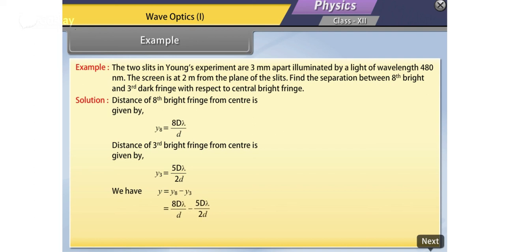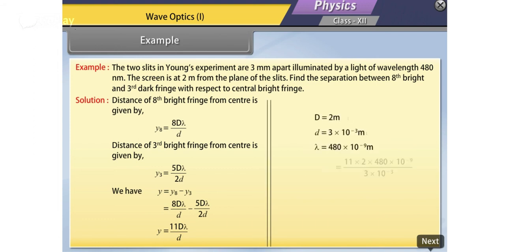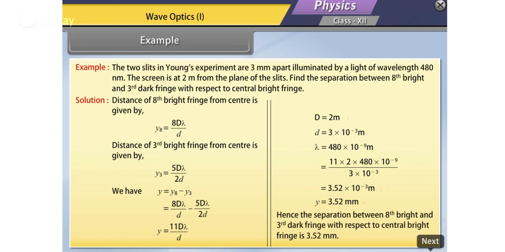By putting the values and calculating, we get y is equal to 11 capital D lambda upon 2 small d. Putting the values in the above equation and calculating, we get the value of y as 3.52 millimeter. Hence, the separation between 8th bright and 3rd dark fringe with respect to central bright fringe is 3.52 millimeter.